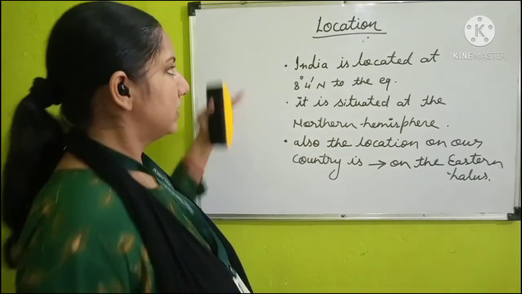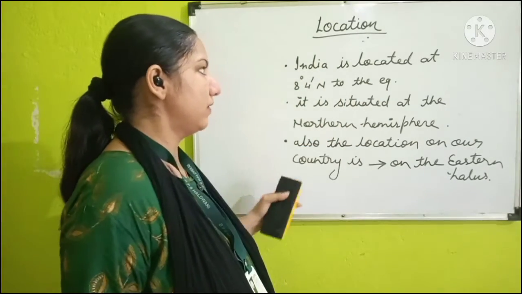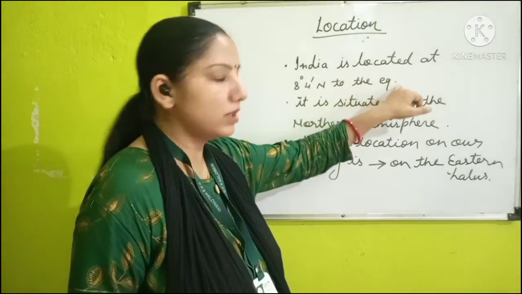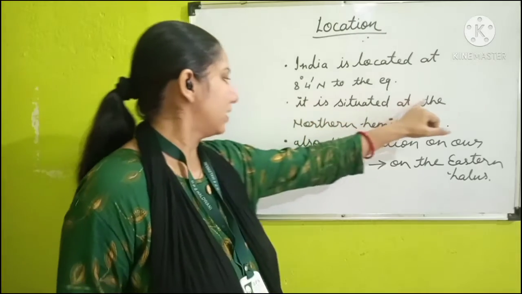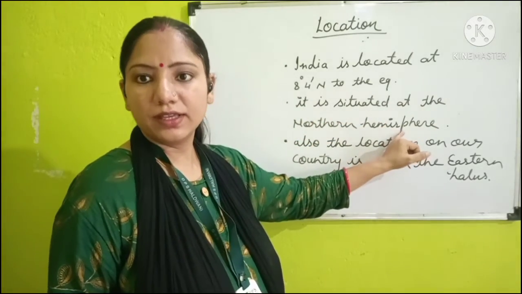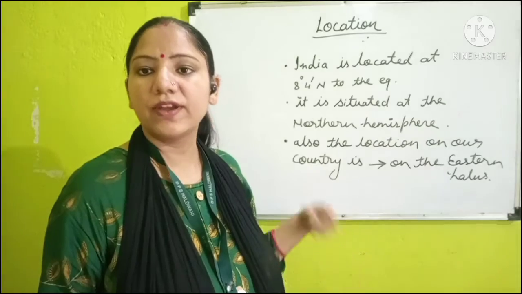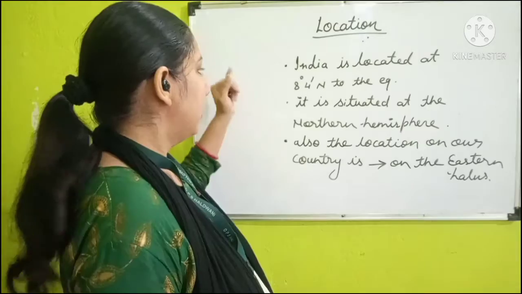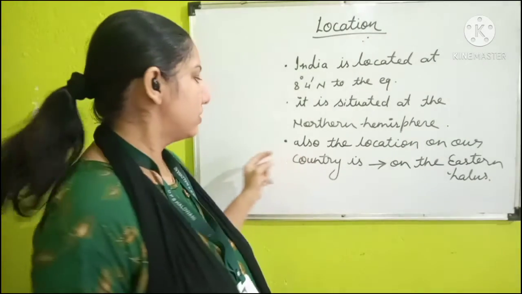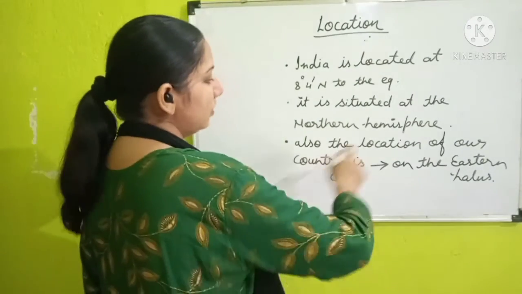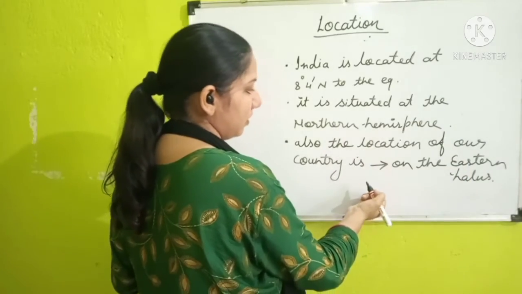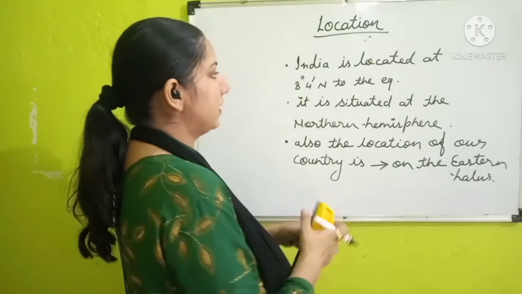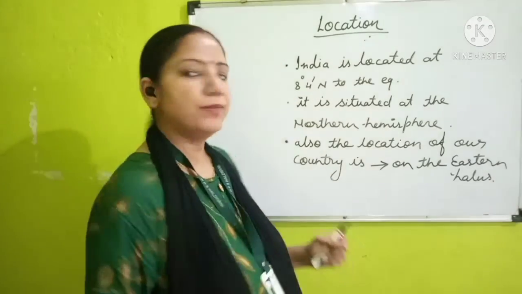So these are some points for the location of our country: India is located at 8 degree 4 minute north of the equator. It is situated in the northern hemisphere, as our earth is divided into two hemispheres, so India is situated in the northern hemisphere. Also, the earth is divided into two halves, so it is also located in the eastern half of the globe. So that is the location according to the hemispheres and the halves.